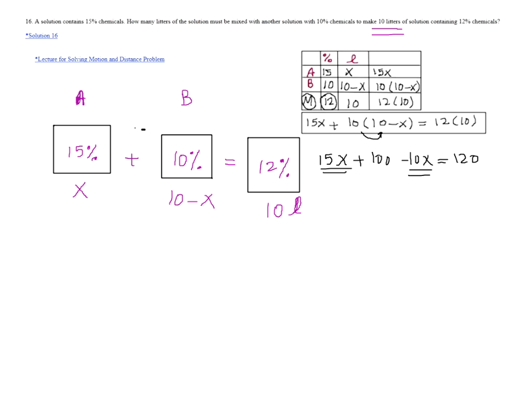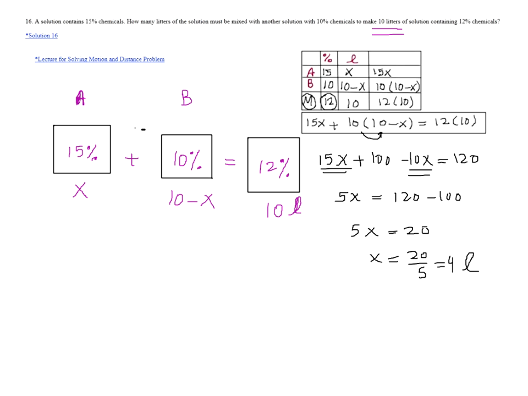So basically, I just have to solve for x. 15x minus 10x gives me a total of 5x. If I subtract 100 from both sides of the equation, I get 5x is equal to 20. So what is x equal to? 20 over 5. 4, so don't forget the unit.